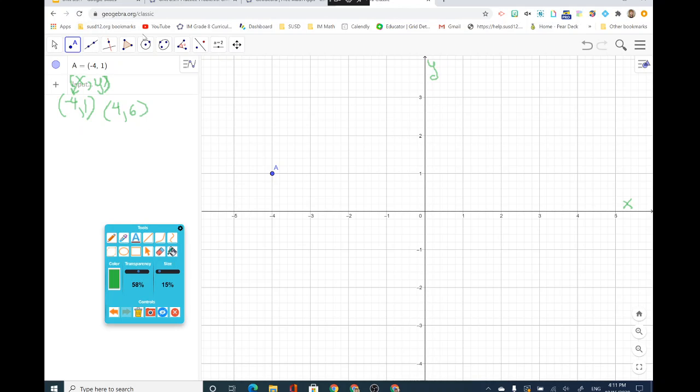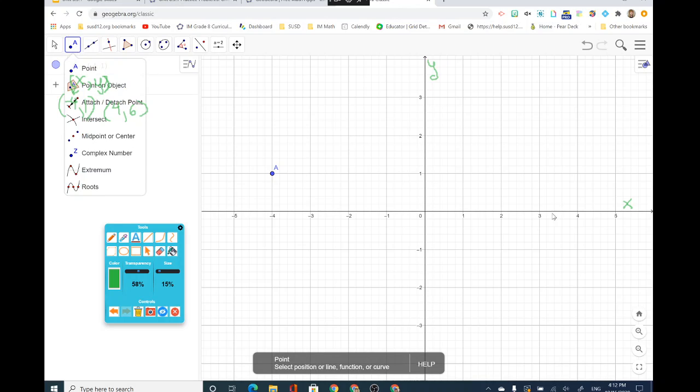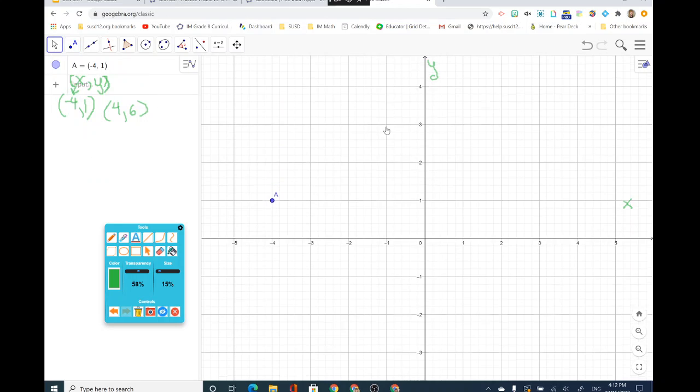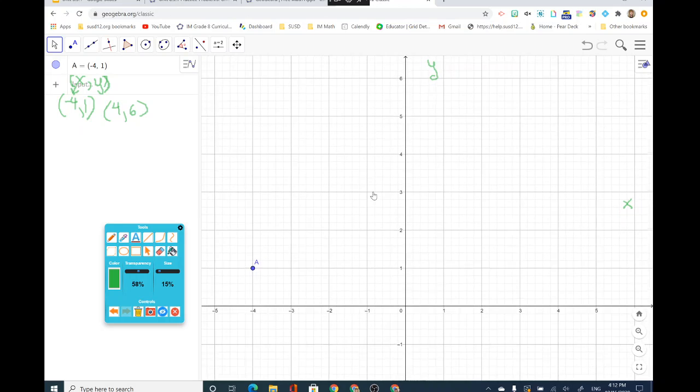And I'll plot that point. So x equals 4 and y equals 6. Uh-oh, it's so far up I can't find it. Let me move my graph up. There we go.